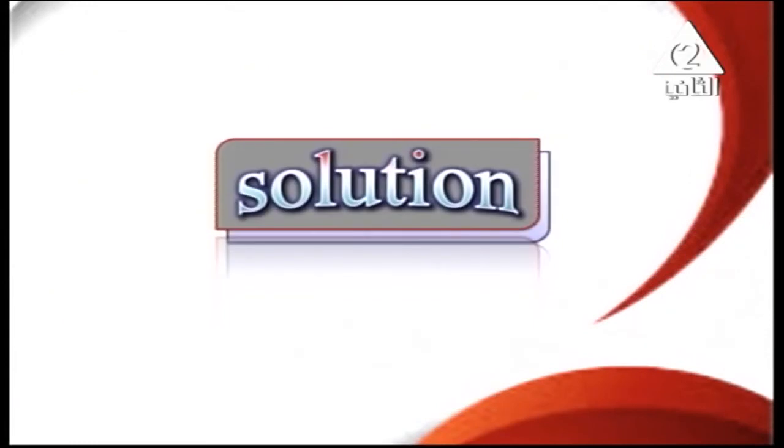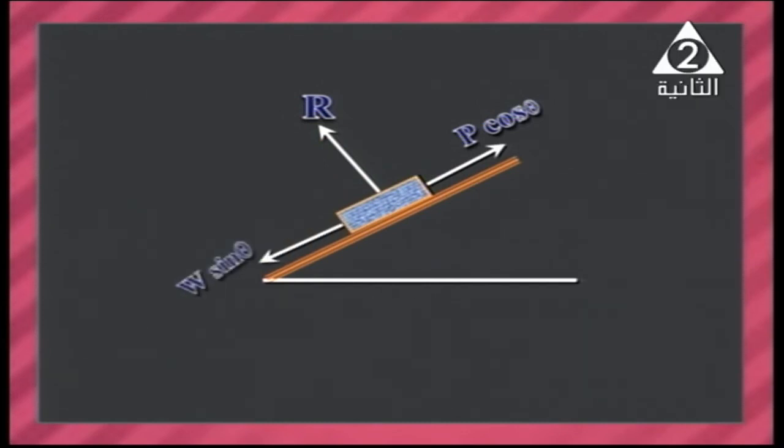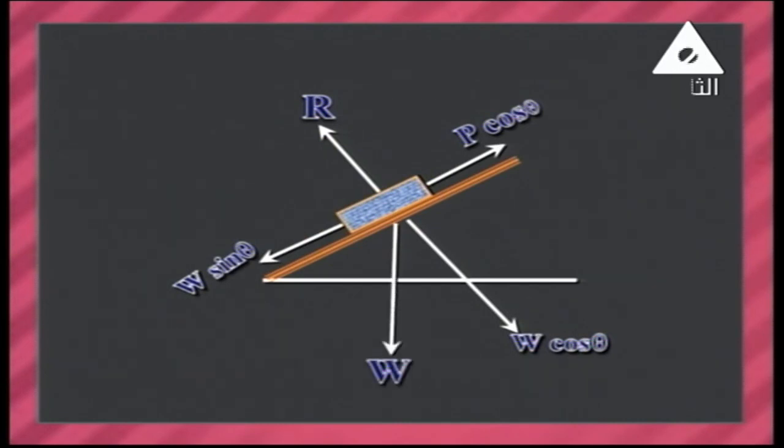Look at the solution, my dear student. The body lies on the plane inclined to the horizontal by angle theta. The body has weight and normal reaction. We have W, its weight. We resolve it into W cosine theta and W sine theta.